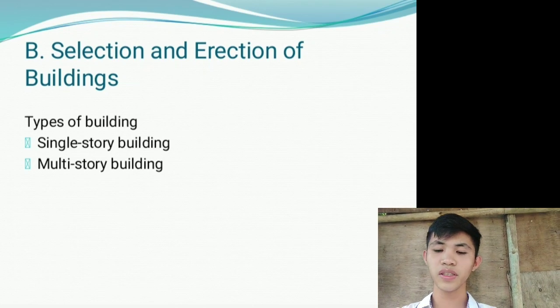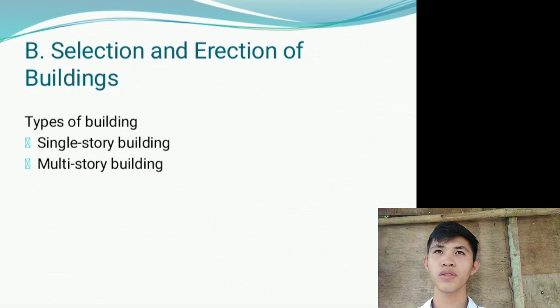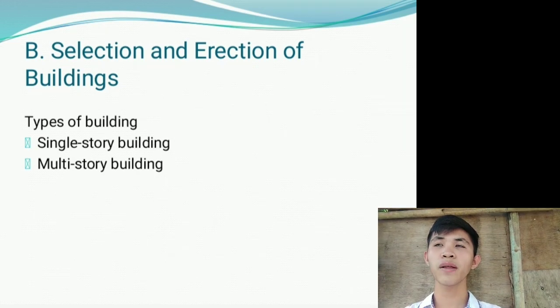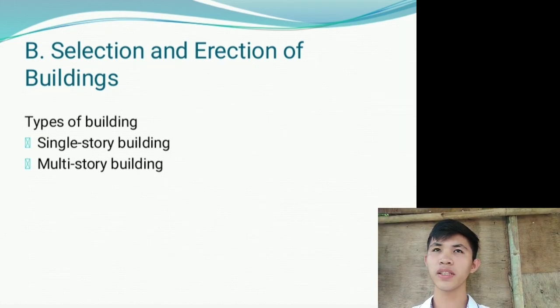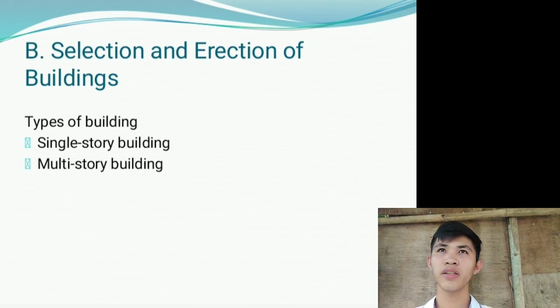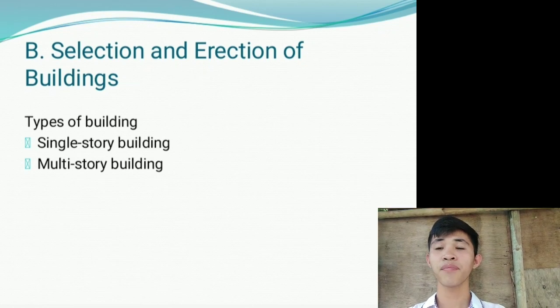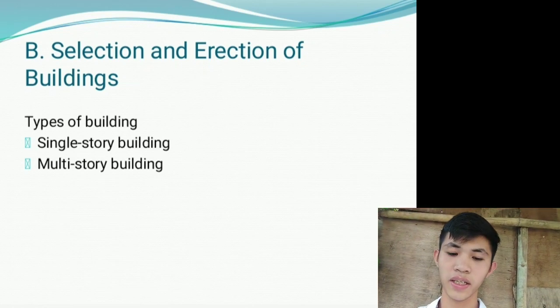In the multi-story building, of course, the cost is big because of the construction, which is the main disadvantage of multi-story, but the advantage is you can cater to more and you can earn more. The higher the risk is the higher the return. So that is the saying.